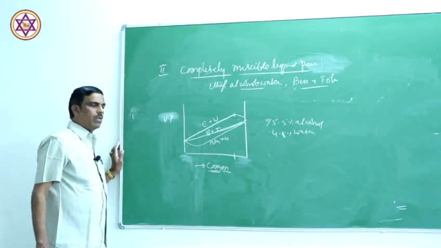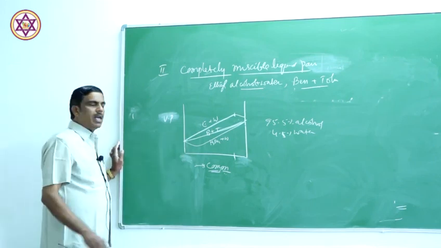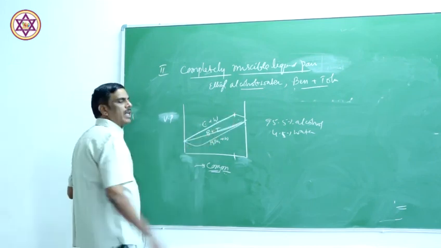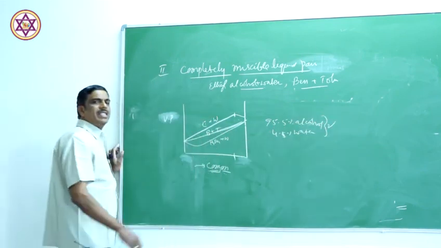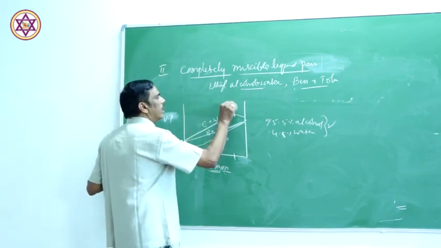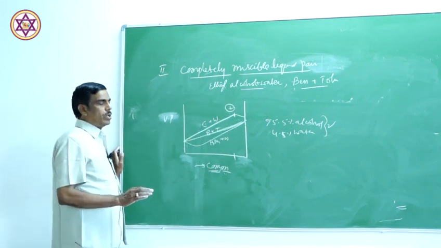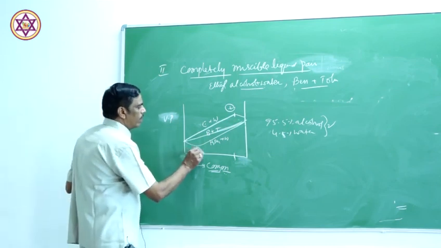There is a straight line in the vapor pressure composition curve. Whereas in case of ethyl alcohol and water, there is deviation at a particular composition. In this composition, there is deviation. Deviation is above normal. That's why it is called positive deviation from Raoult's law. Similarly, if you take sulfuric acid and water, there is negative deviation from Raoult's law.